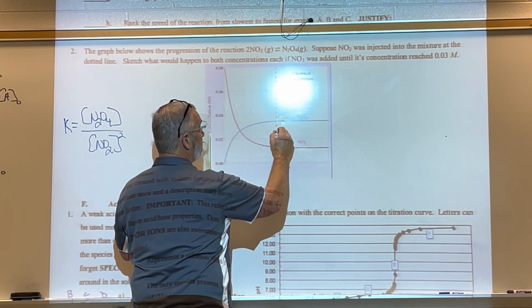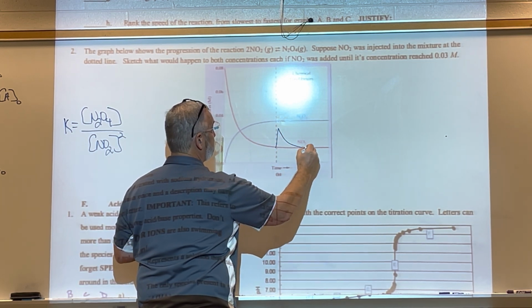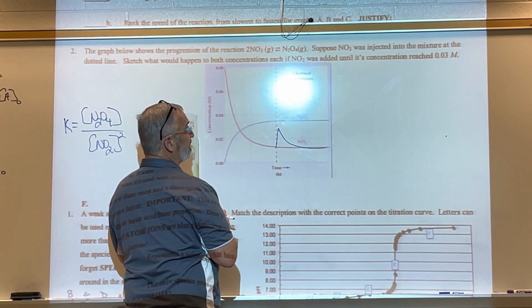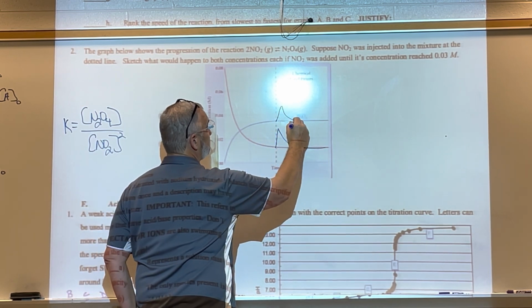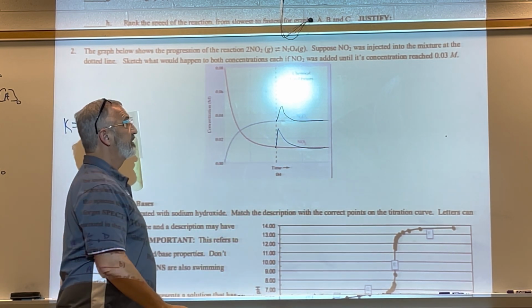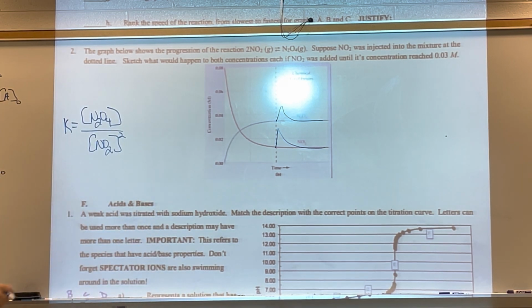So this is going to spike up, but then it's going to come back down to here. So as it spikes up, it seems to me like this one's going to kind of do the same thing. Because it's going to have to start coming back. Again, I've never seen a graph like this on the AP test.